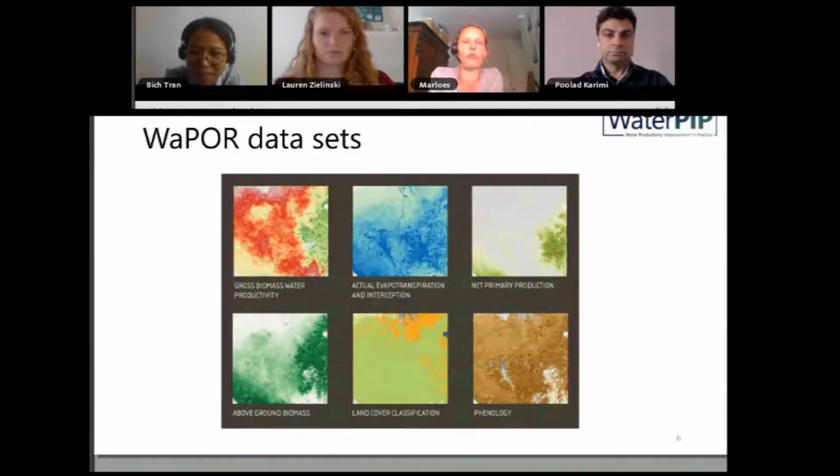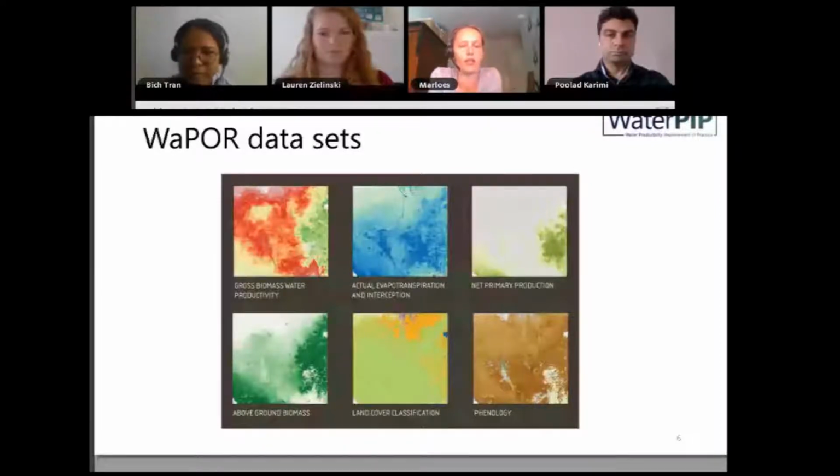So the brief overview of the databases or the data sets that are available on the WaPOR dataset, or on the portal. The main map, or the main data that why the database was developed, is this gross biomass water productivity.